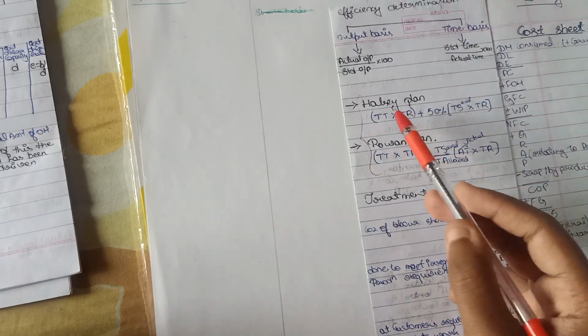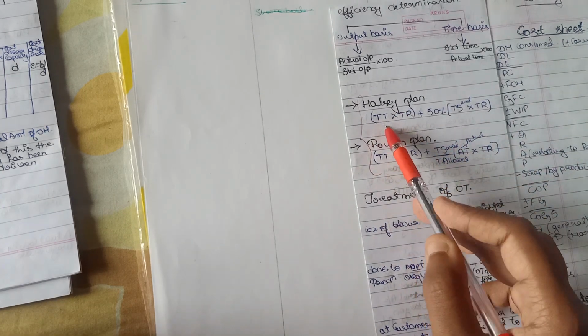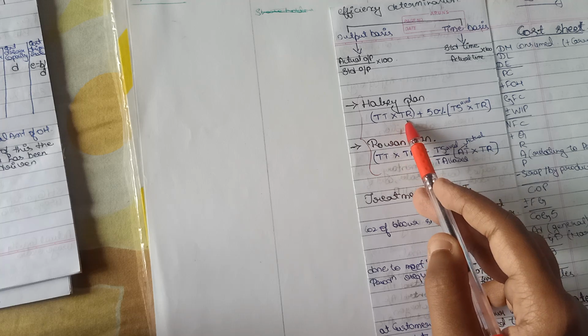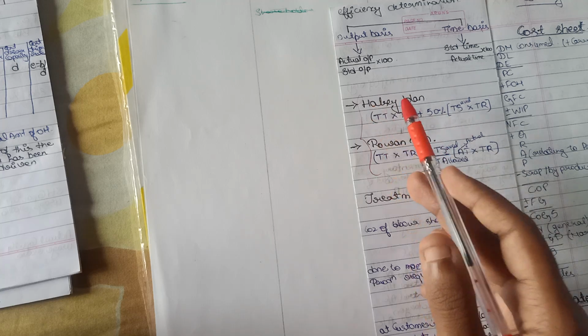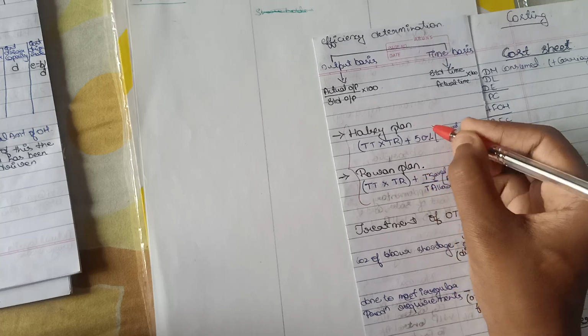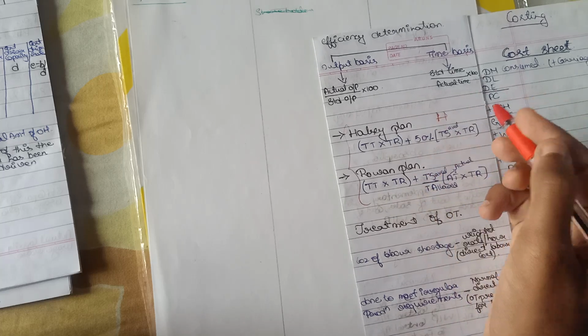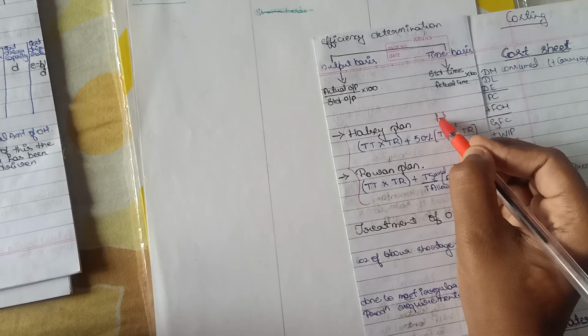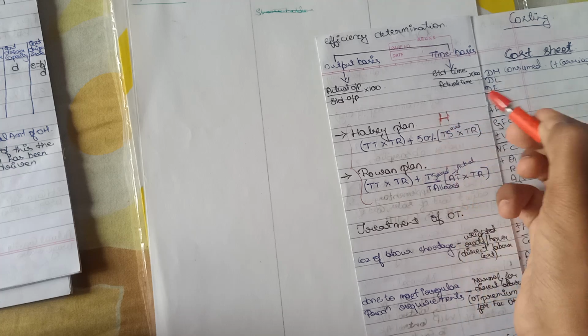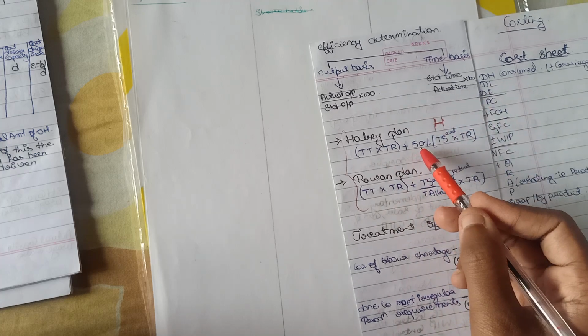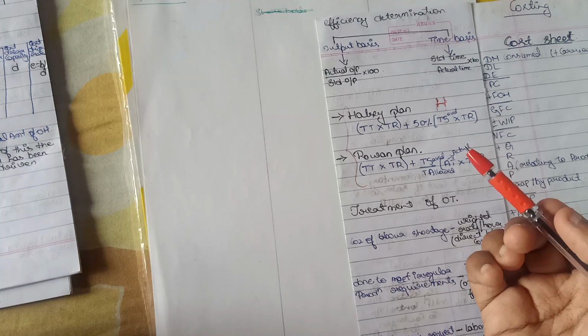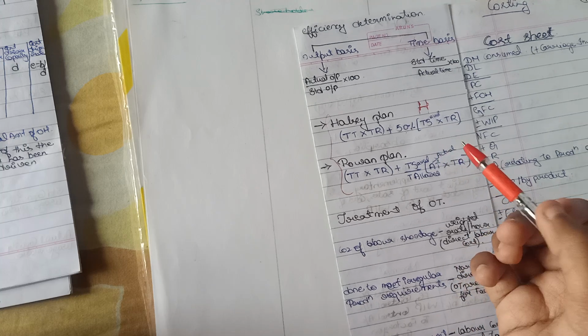In these plans, we'll see total time taken into rate plus C. The short form is H, right? The half is same, that means 50-50. We'll consider it as 50. This is a shortcut that I made to remember for myself.